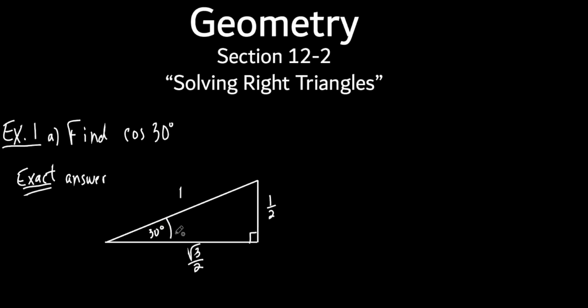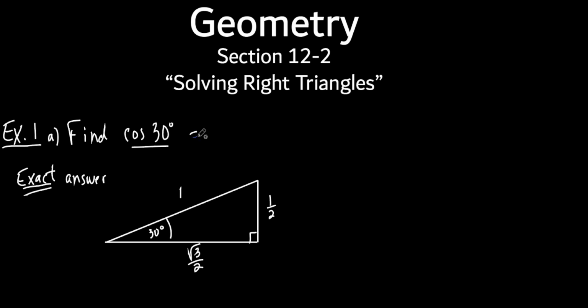All right, so now the question is, find the cosine of 30 degrees. Well, what's the cosine? It's the adjacent over the hypotenuse. So the adjacent is which one? Is it the 1? Is it the square root of 3 over 2? Is it the half? Which one is the adjacent side to this 30-degree angle? Square root of 3 over 2.